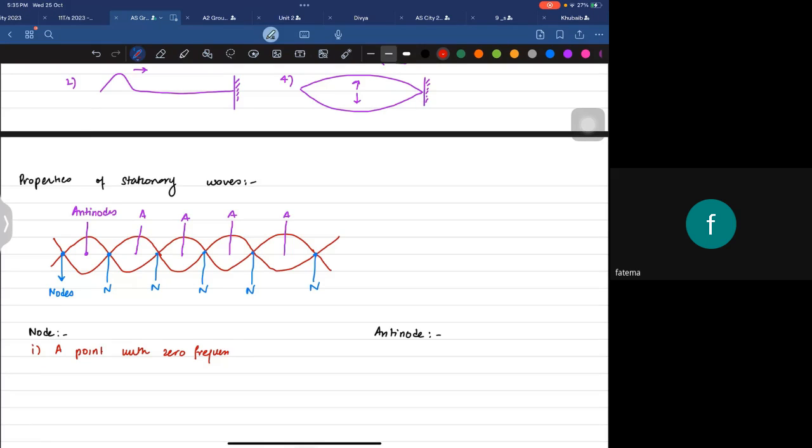It doesn't move at all, and has no energy. Whereas an antinode is a point with maximum amplitude, and it has the maximum energy as well.